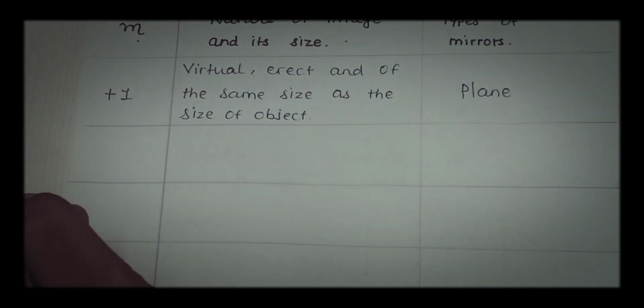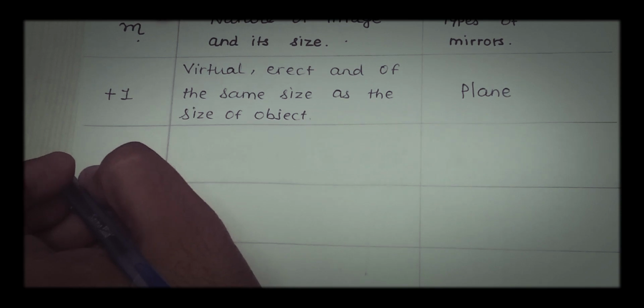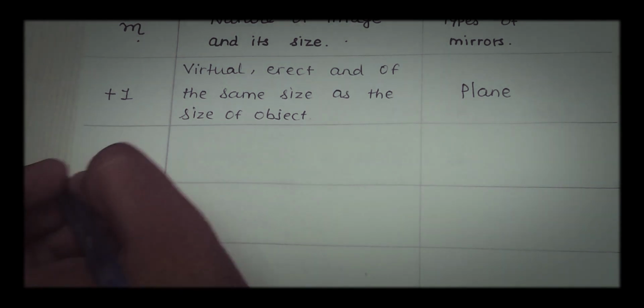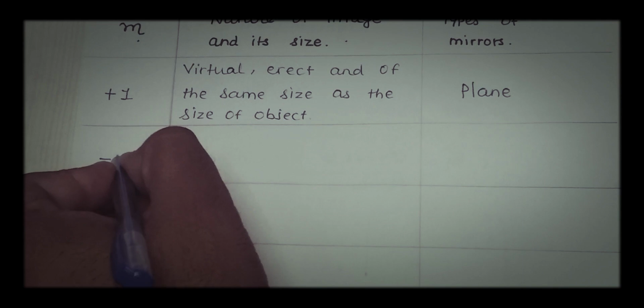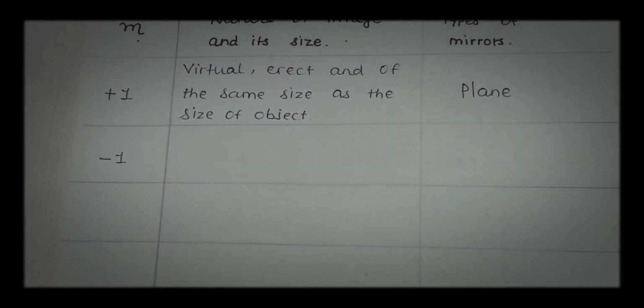This type of image is formed in a plane mirror, because we know in a plane mirror we always get an image that is virtual, erect and the same size as the object. Now students, we take negative one.